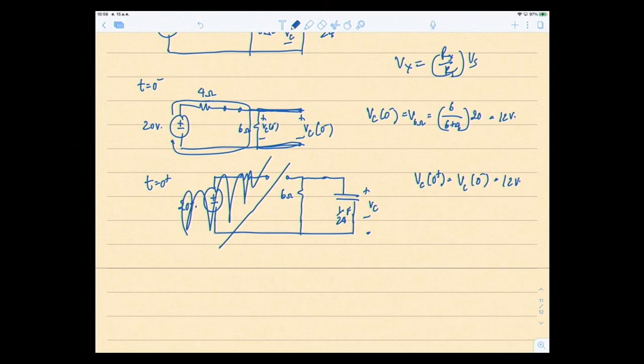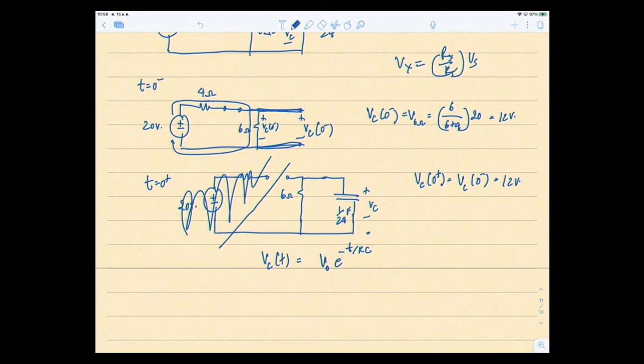For the RC circuit, you can do the derivation just like what we did: do the differential equation, integrate and so on. But if you remember, it's an RC circuit, so VC is discharging through the 6 ohm, so it becomes V naught e to the minus t over RC.